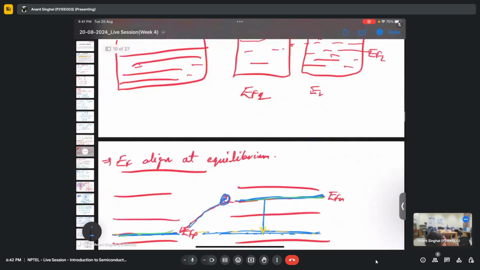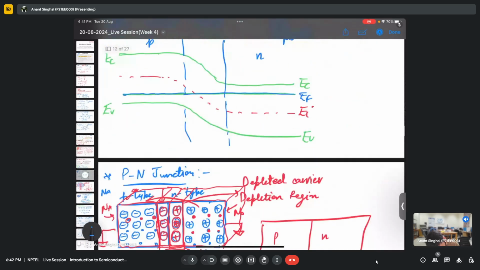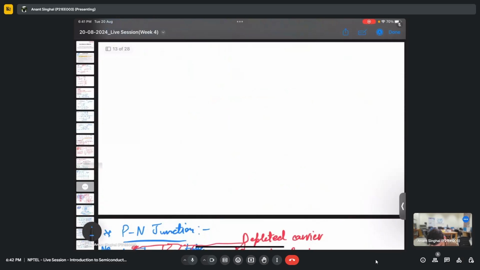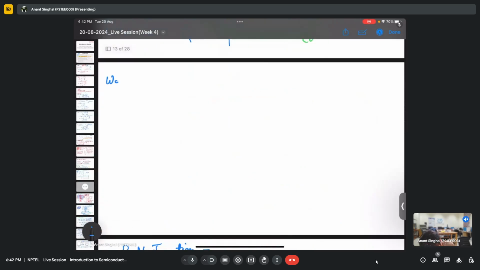So we have two terms. One is the work function, and the second term is electron affinity.